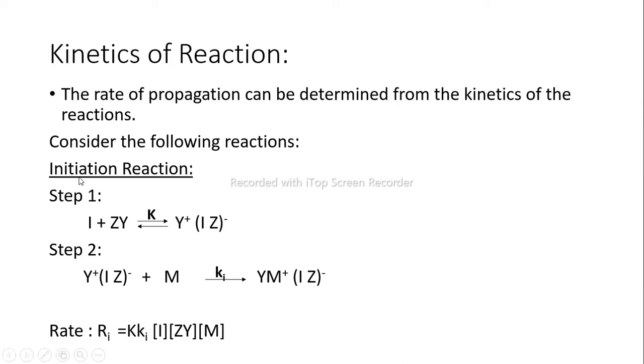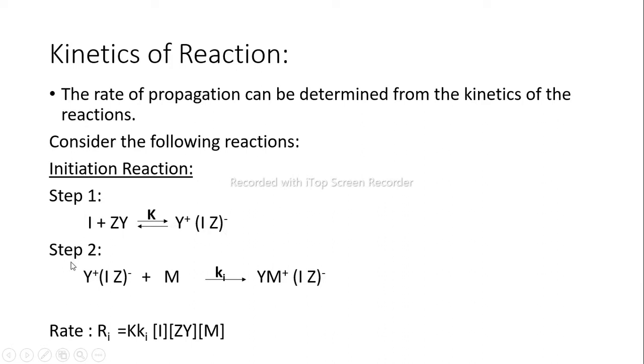Our first reaction is the initiation reaction, which consists of two steps which we read before. In step 1, I is an acid which is reacting with a compound ZY and giving us an initiator, where Y plus is the cationic initiator along with a negative radical.